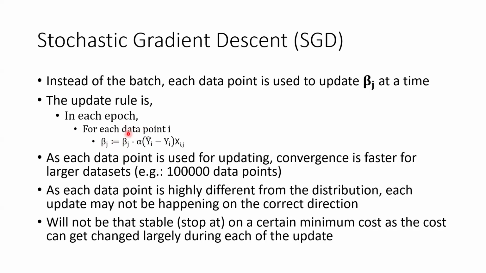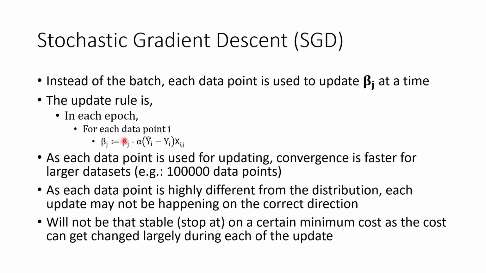What I'm saying is that if you update these values for each data point without considering the whole distribution, you may be updating these beta values in the opposite direction as well, right? So sometimes you may update these beta values in a way that is not optimal. But because we are using many data points, finally it would be moving in the direction of the distribution.